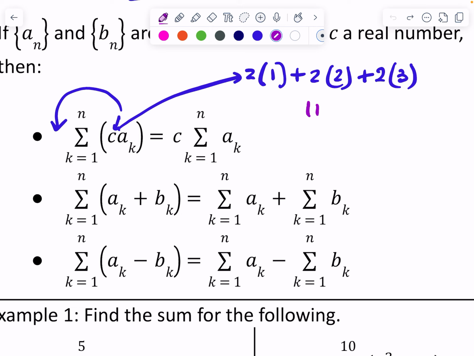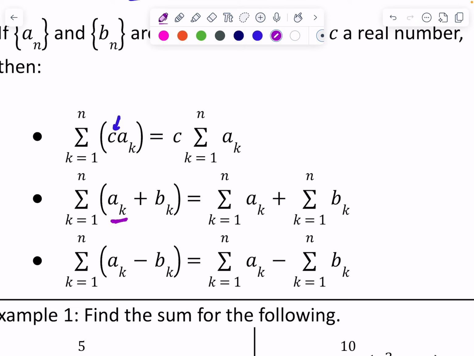The second property says that if you're trying to add two sequences, here's the first sequence, here's the second sequence. If I'm trying to add a1 plus b1, the first terms of two different sequences, then plus a2 plus b2, the second terms of both sequences, then the third terms of both sequences. Instead of doing that, this property allows us to simply add the numbers of the first sequence, then simply add the numbers of the second sequence, and so on.